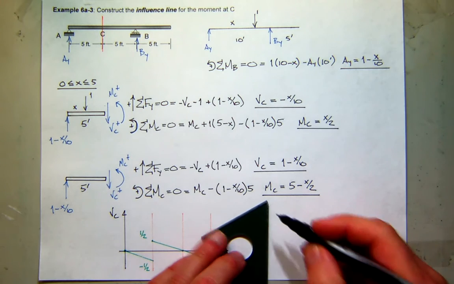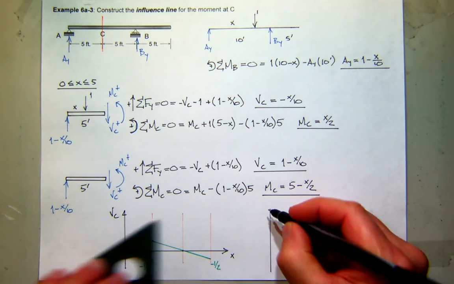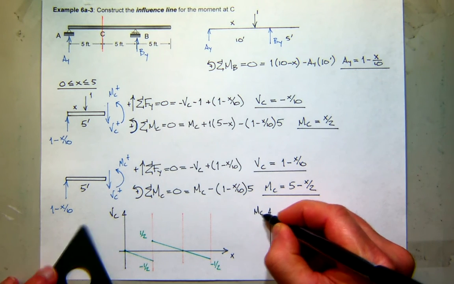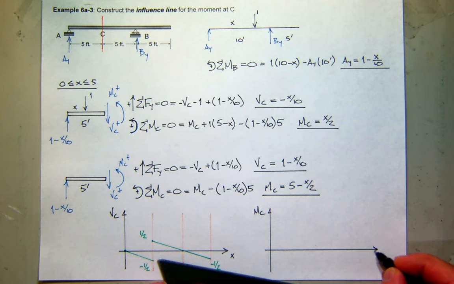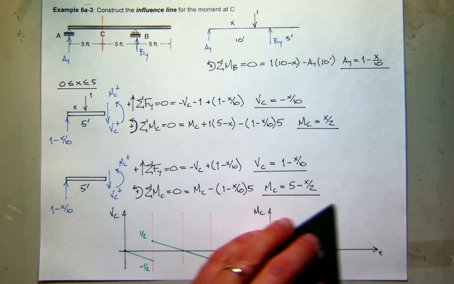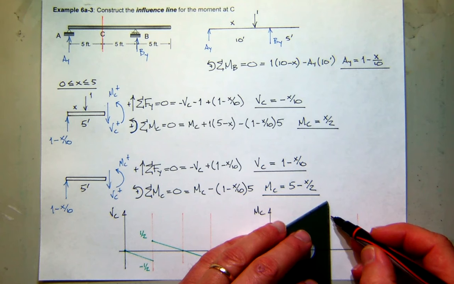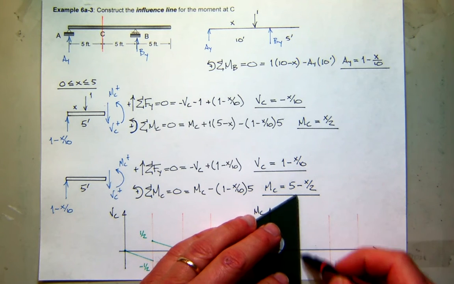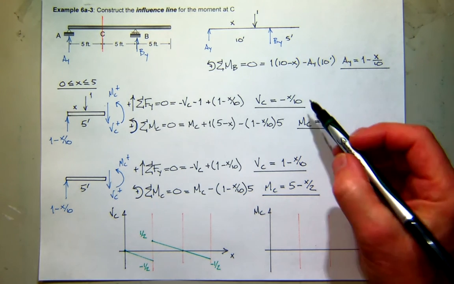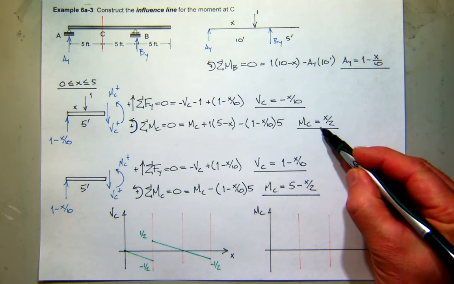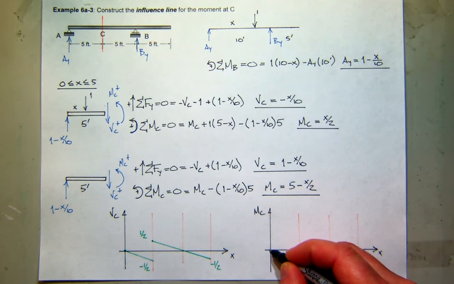And then the one that the question asked for, which is the moment at C, let's see what that looks like. So again, there's my range, 5, 10, and 15. So here's the moment from 0 to 5. At x equals 0, it's 0.